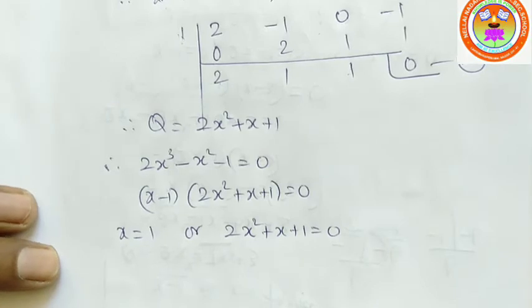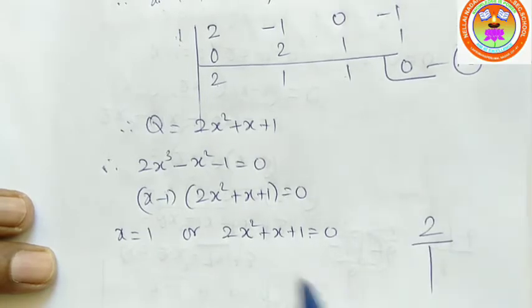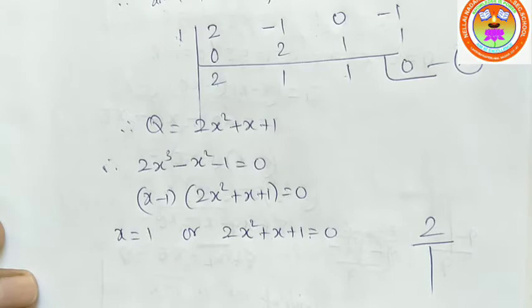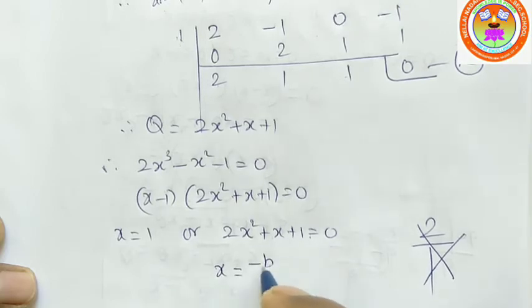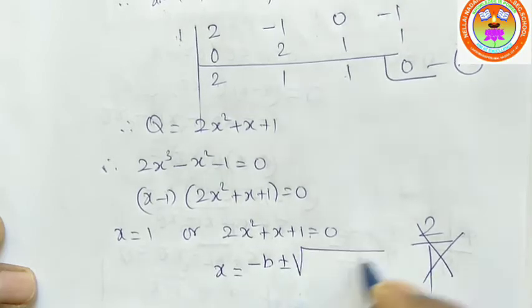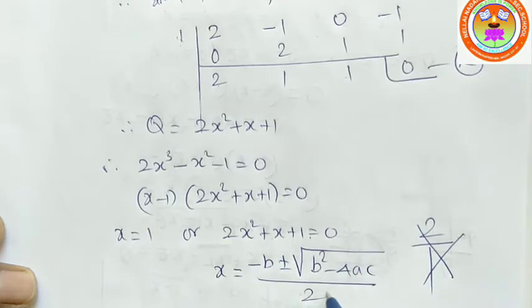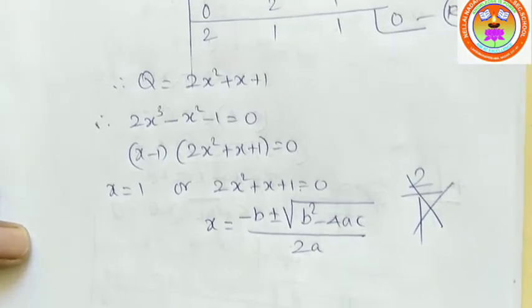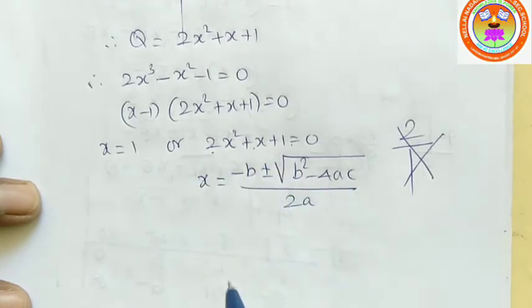Now, is it possible to find the factors for this equation? No. The reason is we need two numbers with product 2 and sum 1. There is no such number. So we can use the formula, x is equal to minus b plus or minus square root of b square minus 4ac, by 2a. Here a is equal to 2, b is equal to 1, c is equal to 1.